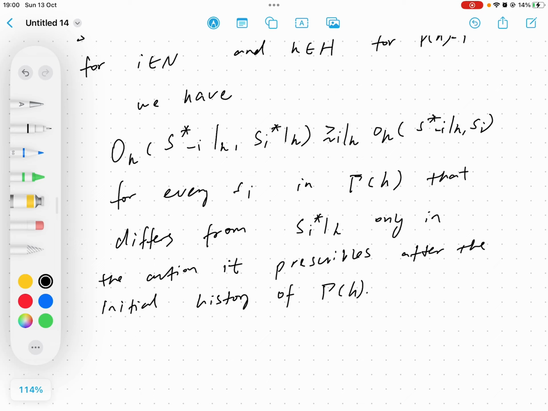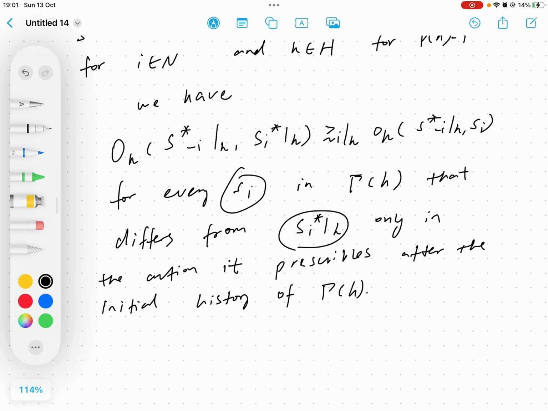And this has to be true for every strategy SI of player I in the subgame gamma H that differs from SI star following some H only in the action.